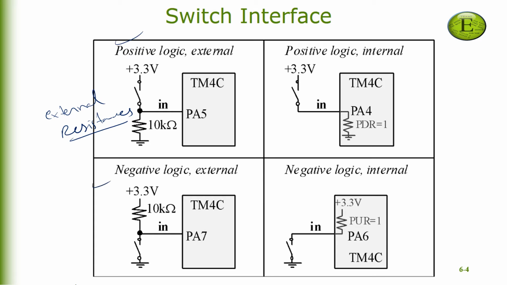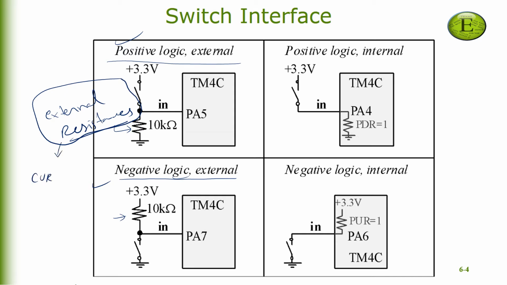We see that we have an external resistance of 10 kilo ohms here and also 10 kilo ohms over here. The only difference between this circuit and the one below is that the upper circuit works with positive logic. The lower circuit works with negative logic. But in both cases, we have external resistance to limit the amount of current entering the microcontroller.